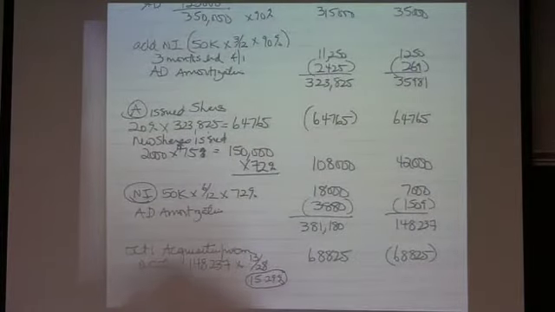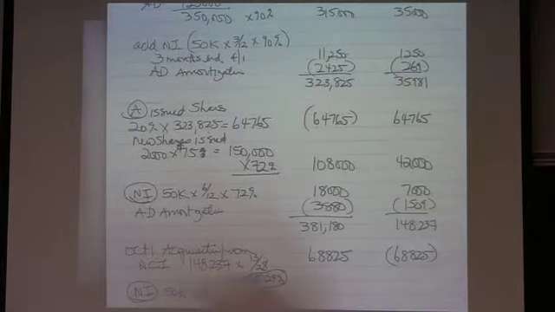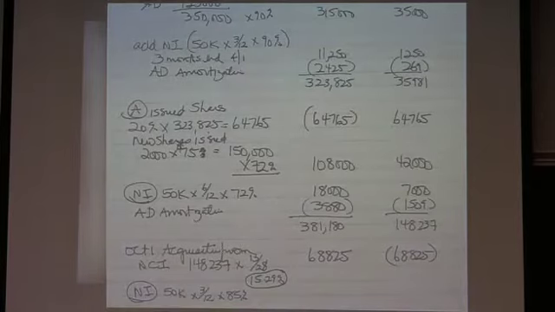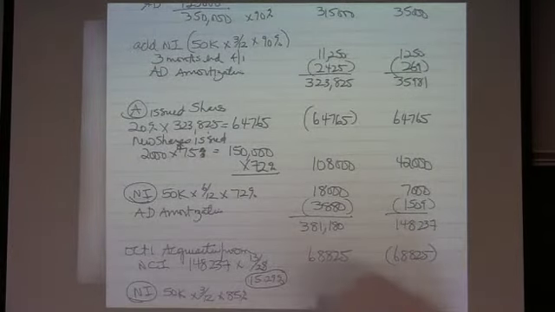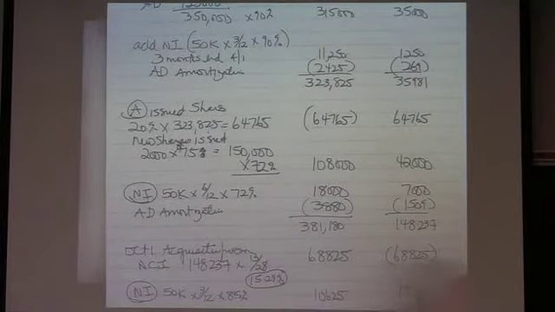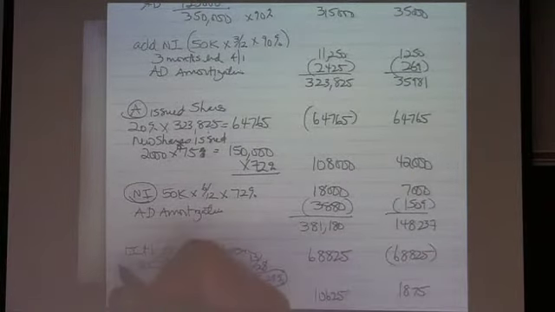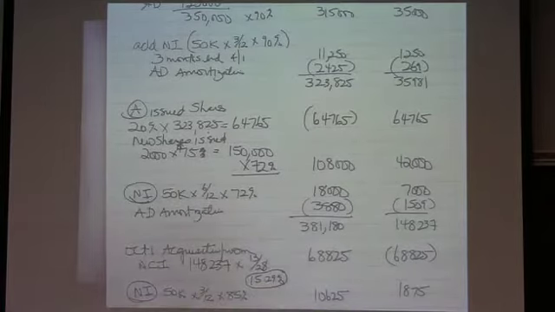Net income again, we're going to prorate. So remember, it was 50,000 times the remaining months, 3 over 12, times 85%, because now we're at 85% at this point. And that gives us 10,625, and this is 1875. What about the AD?